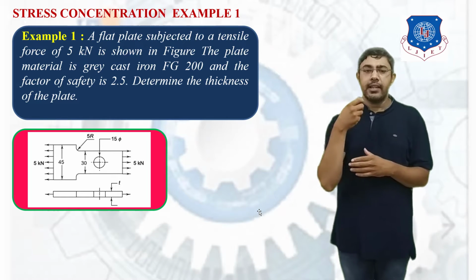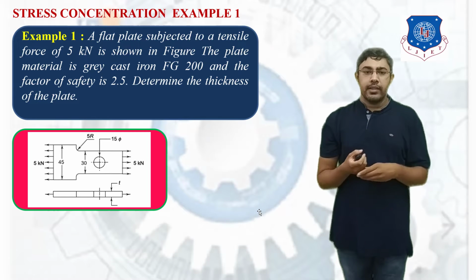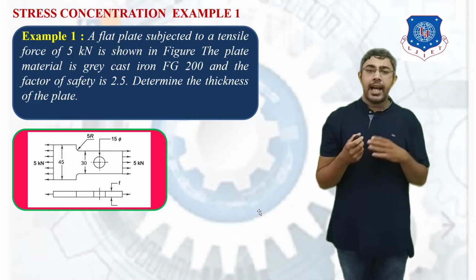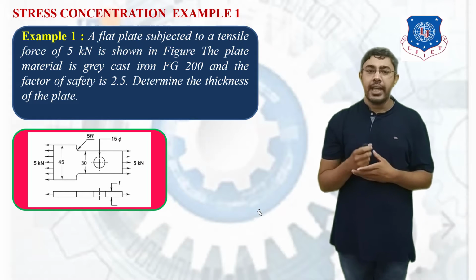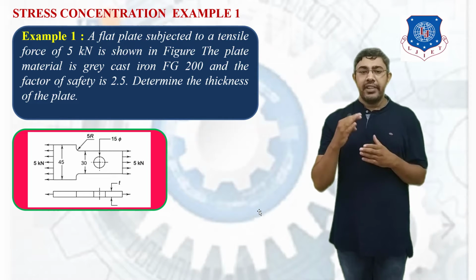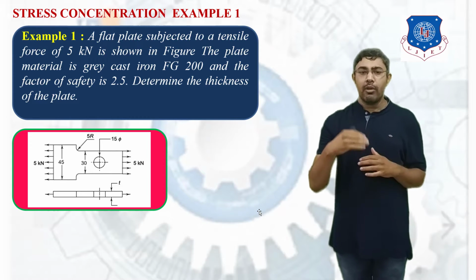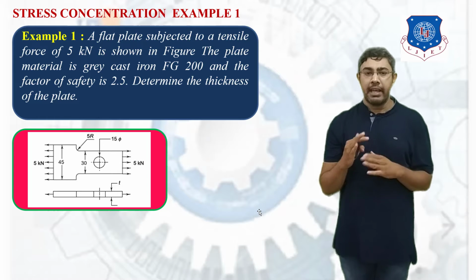The smaller width of the plate is 30 mm and the larger width is 45 mm. There is a fillet where the cross section changes, and the fillet radius is 5 mm.